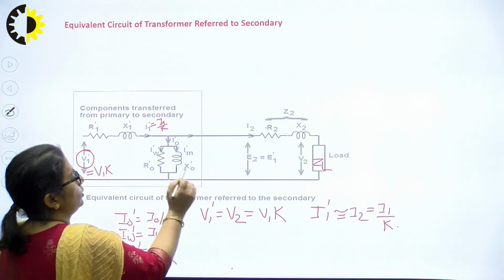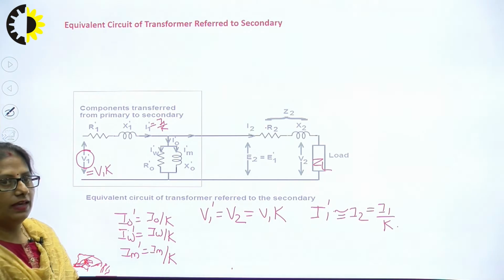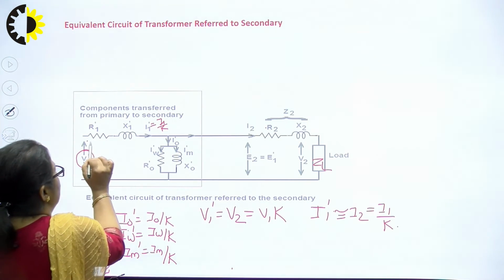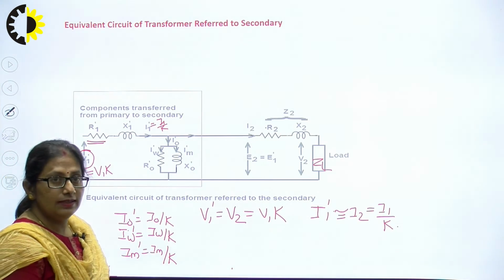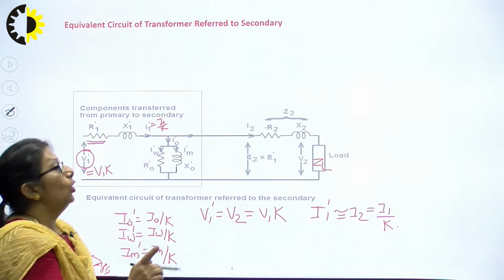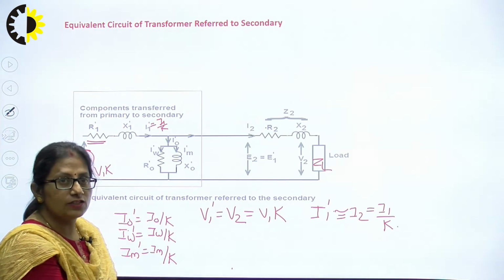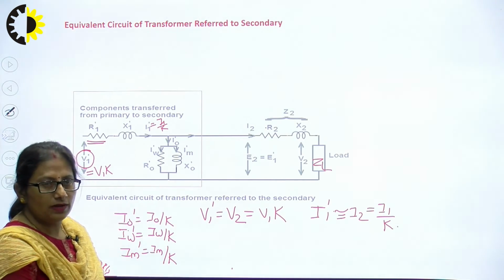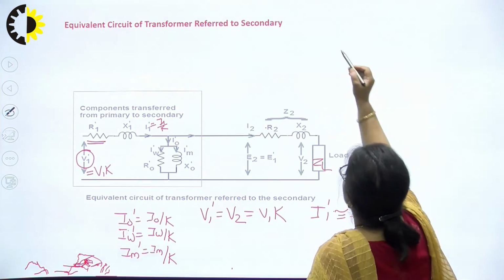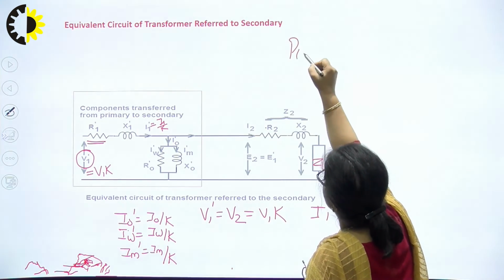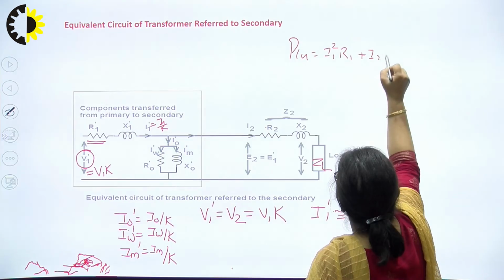Those are all the currents and voltages. Now coming to the circuit constants, R1 will change to R1 dash. Its value will be changed in such a way that the total copper losses of the transformer do not change. The total copper losses of the transformer are given by I1 square R1 plus I2 square R2.